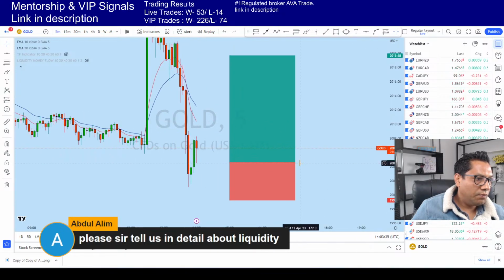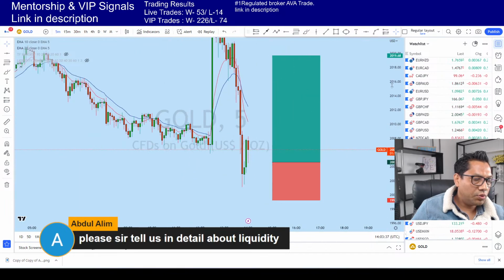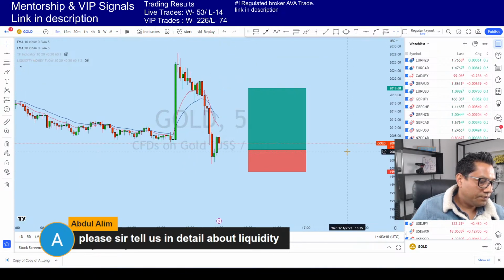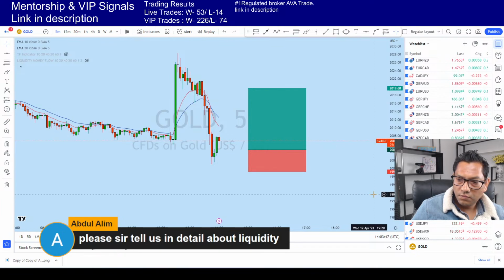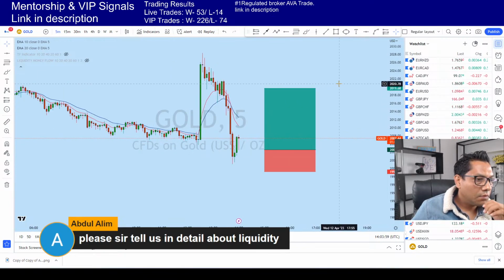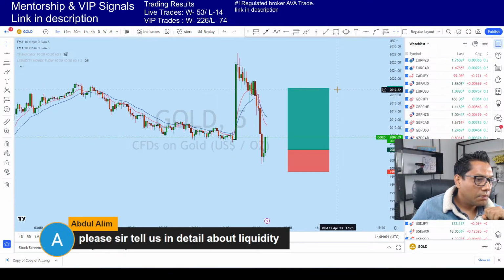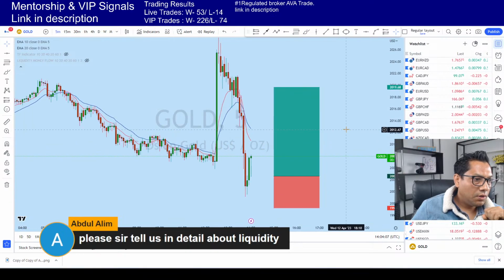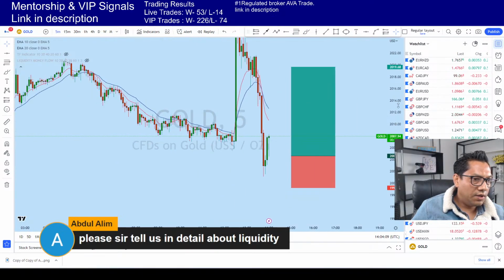Now this candle is super important. We want to see the price pushing to the upside. Okay, that's good. We need to see upward bias, so that's expected.